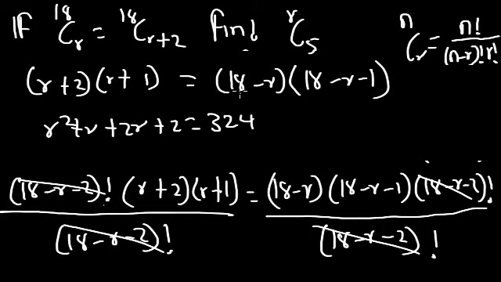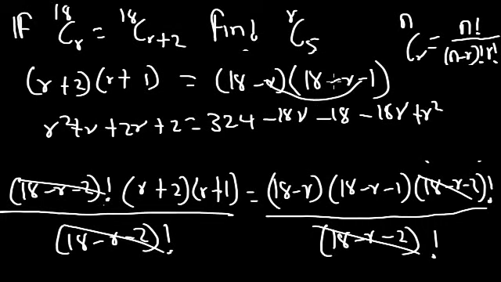324. 18 times negative r, that's negative 18r. 18 times negative 1, that's negative 18. Now, negative r times 18, that's negative 18r. Again, the negative r times negative r, that's positive r squared. Then negative r times negative 1, that's positive r. Good. We're almost there.